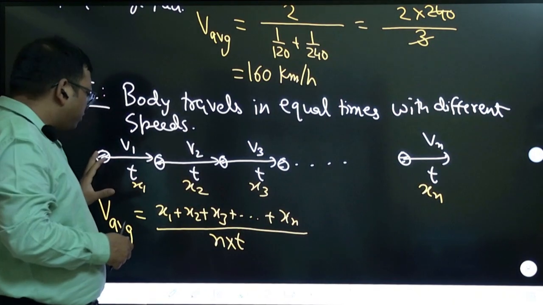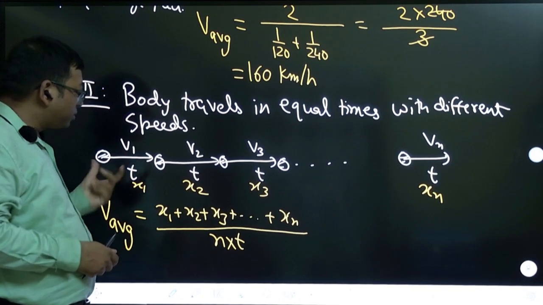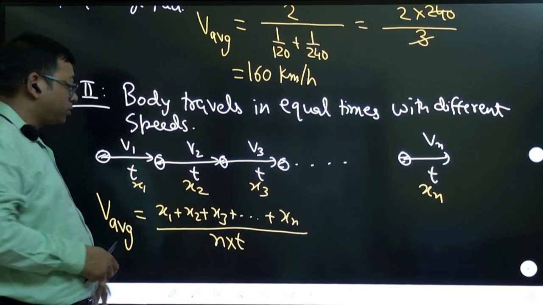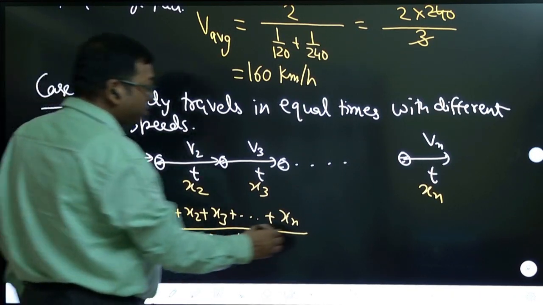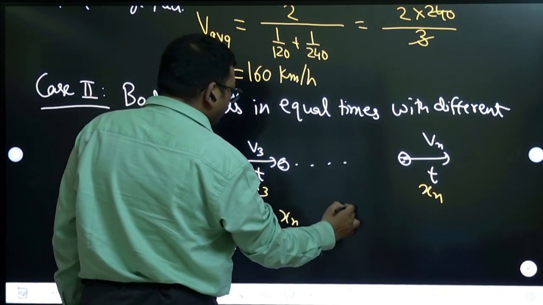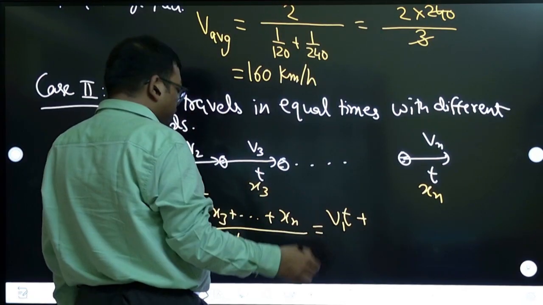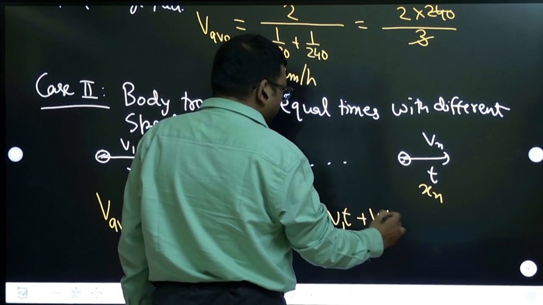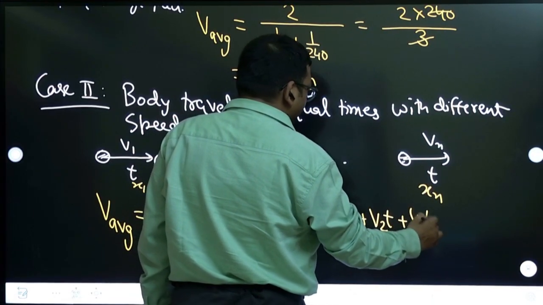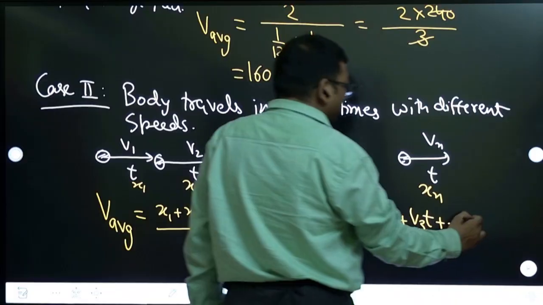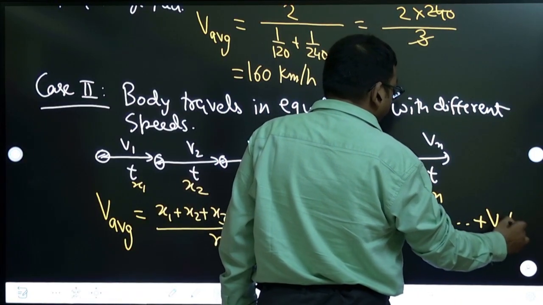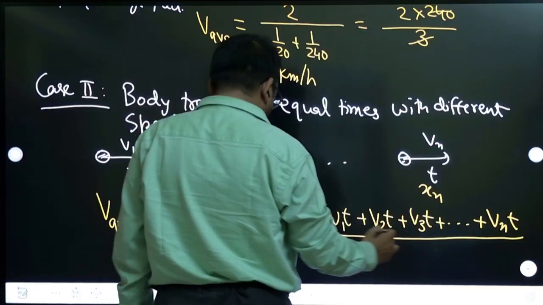Now you will use the formula distance is speed into time because each is uniform motion. So x1 will become v1 into t, x2 will become v2 into t, x3 will become v3 into t, like that the last one will become vn into t, divided by n times t.